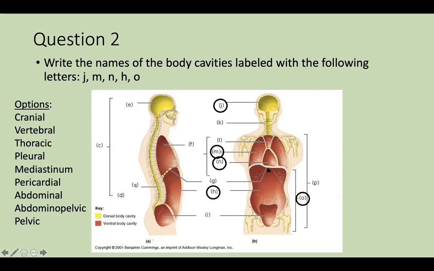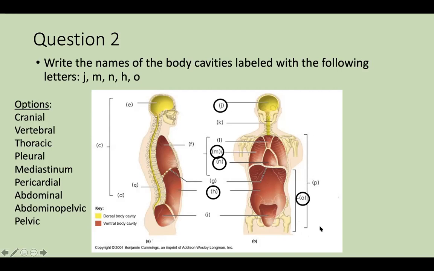So make sure, this is the exact same diagram from your lab manual. So make sure you know that difference. There's some brackets here, know what these brackets are. I can't remember off the top of my head what they call this whole thing, it might be thoracic. Yeah, no, this is the thoracic cavity.